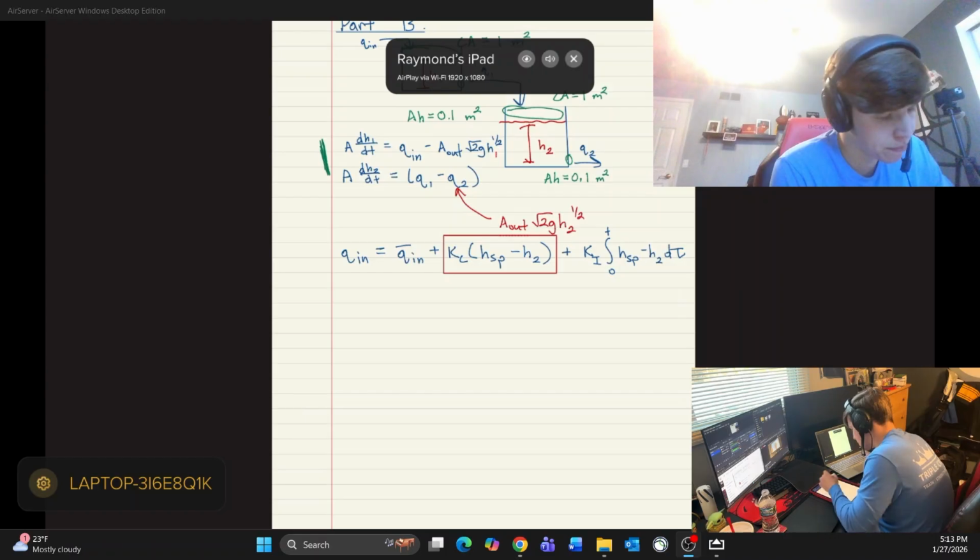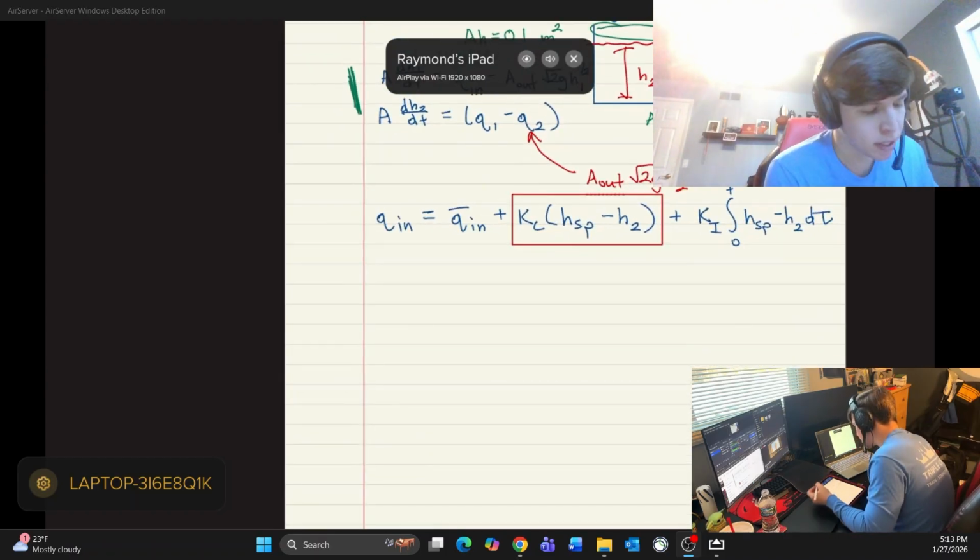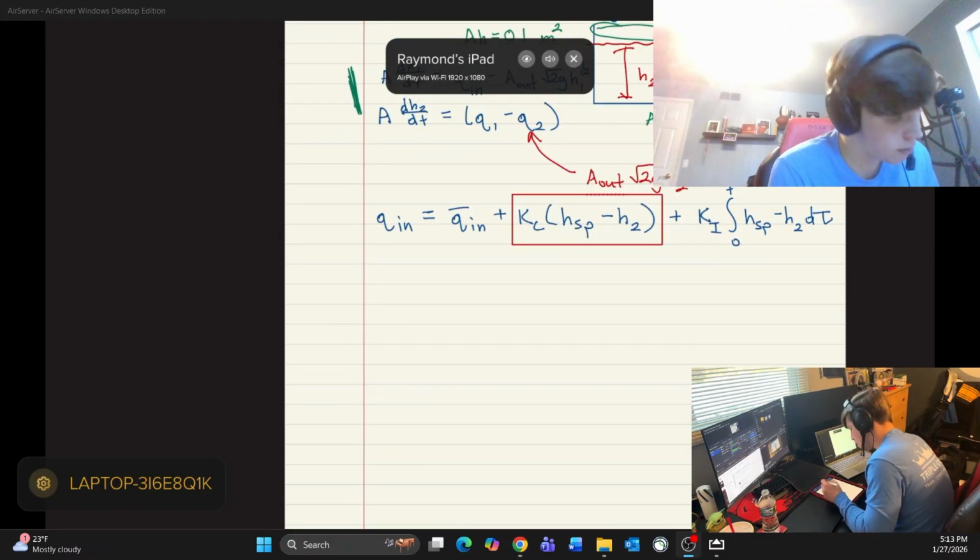Next, what we're going to get into is we are going to simply reapply our equations seen up here. And we are simply going to rewrite them using now our new Qn value.